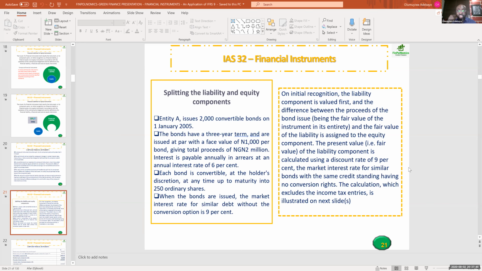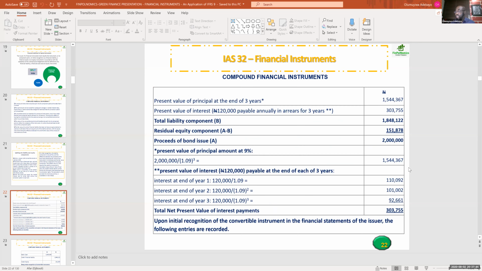Now, the first thing I do is that I ask myself, what are the contractual cash flows? What are the cash flows? Interest. This bond is for 3 years.